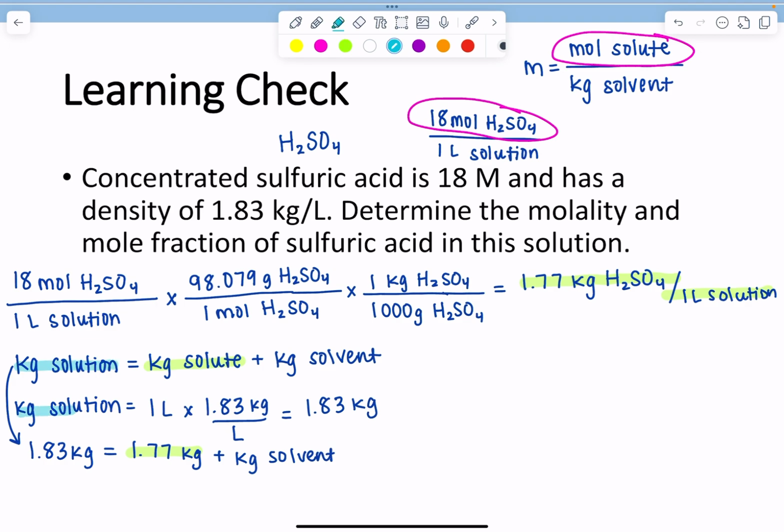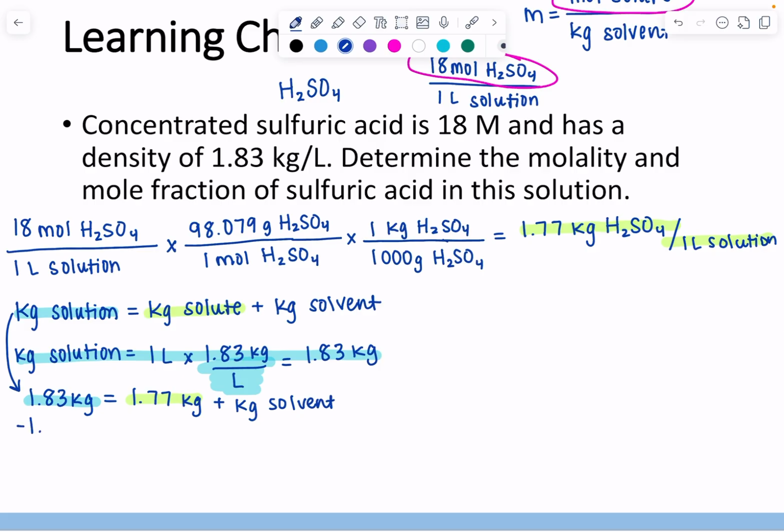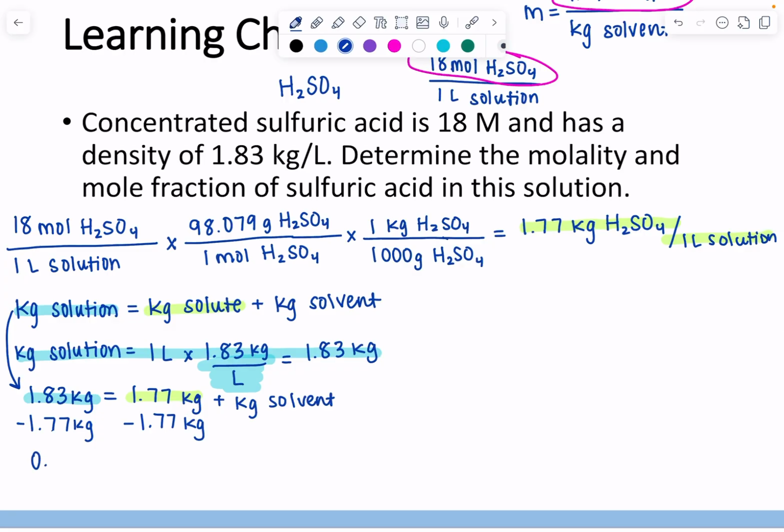Kilograms of solution, that's the 1.83 that we calculated right here. Kilograms of solvent is what we're looking for. If we subtract 1.77 from both sides of the equation, we will get 0.0646. That's what I have in my notes. I must have kept some extra sig figs. This is kilograms of the solvent.